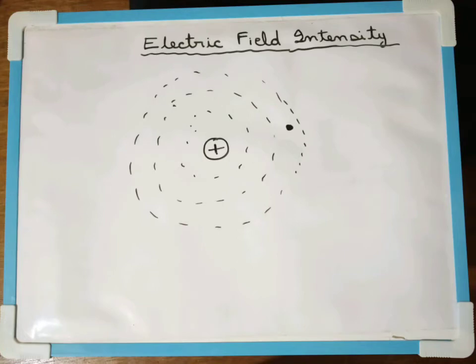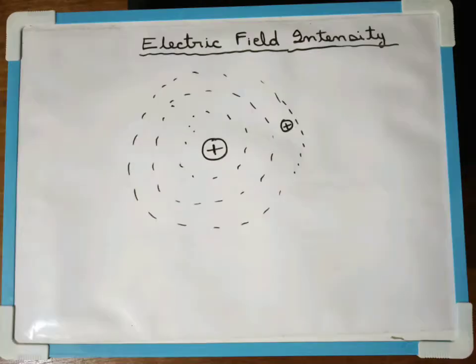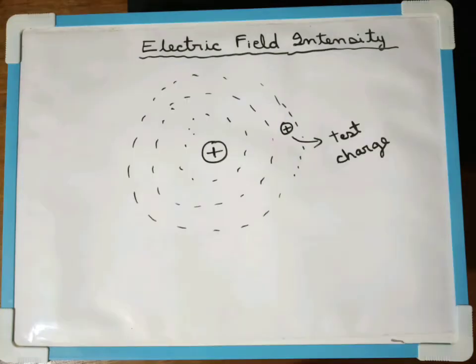Now this is a physical quantity, and to define an electric field intensity at any point, we shall bring a positive charge at that point. And this small positive charge is called a test charge. Okay, now this test charge is very, very small in magnitude.